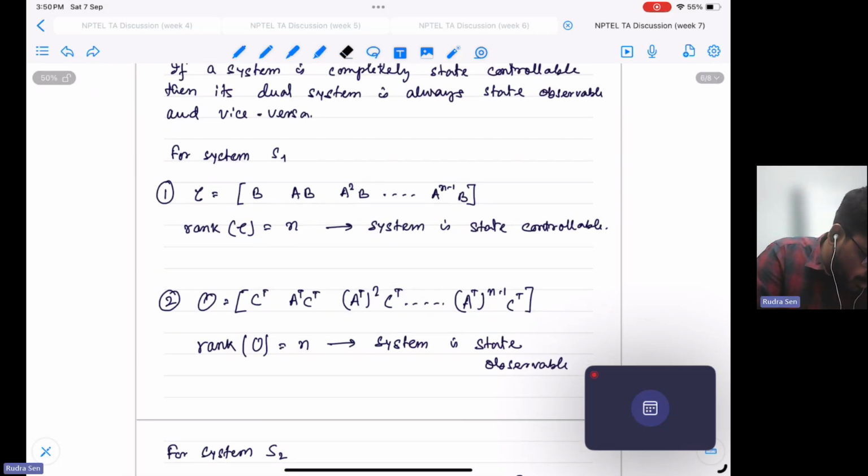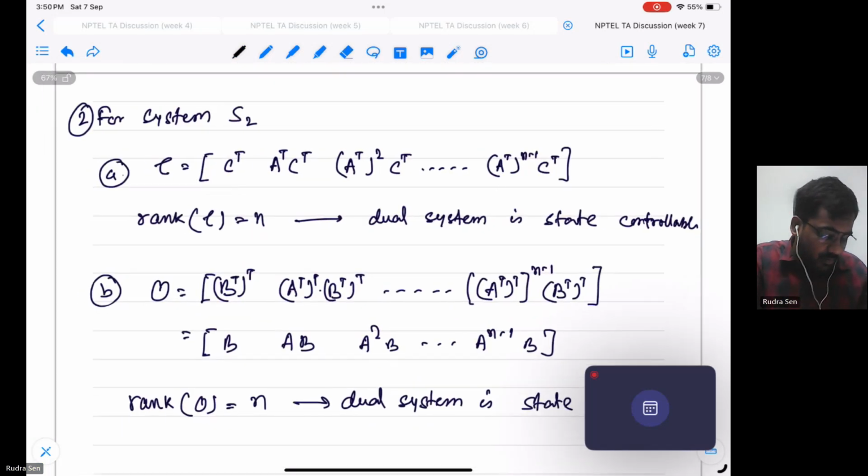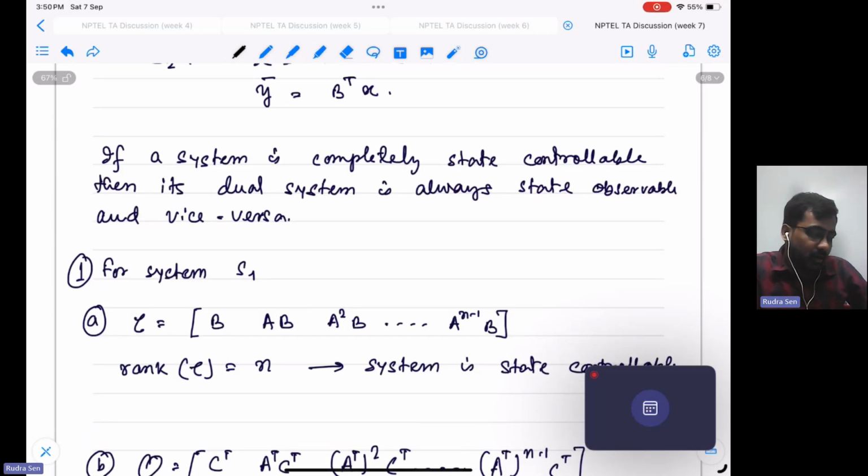So I should put here this is system 1 with A, B, and this is system 2 with A, B. What the theorem says is that if a system is completely state controllable, then its dual system is always state observable, and vice versa.